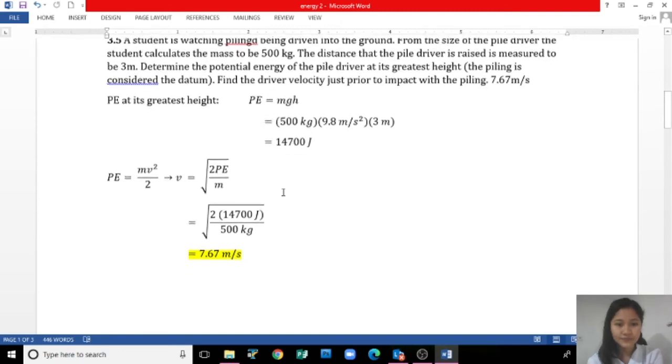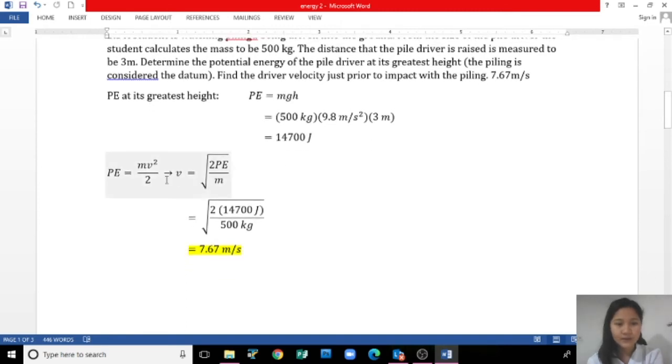And to find the velocity, we have the formula PE is equal to mass times the velocity squared divided by 2. So transforming the equation, we have the formula for the velocity: V is equal to the square root of 2 PE divided by the mass.